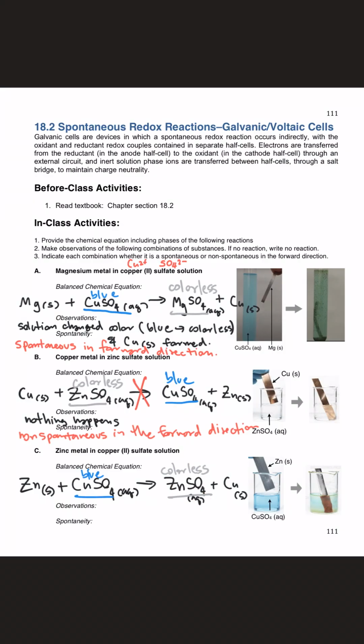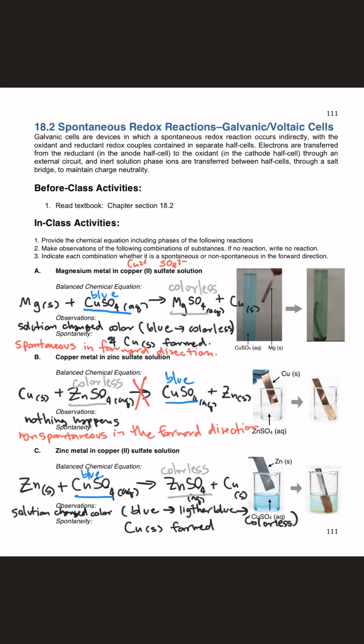And if you wait long enough, this color will become colorless. And you also see the formation of copper that deposits on the zinc strip as well. So the observation of this would be the solution changes color from blue to lighter blue, or eventually colorless, and copper is formed on the zinc strip.